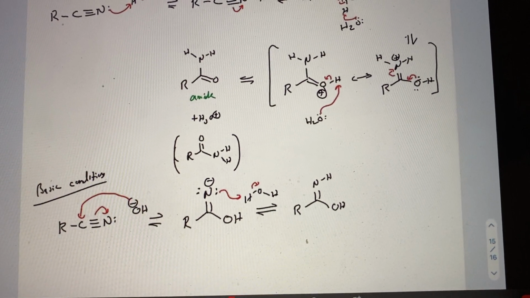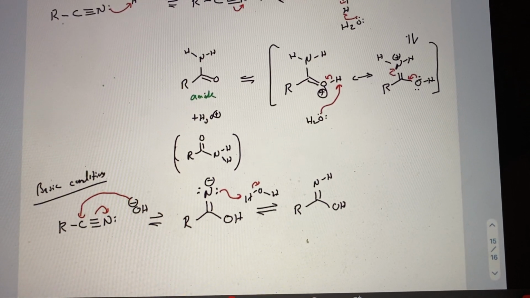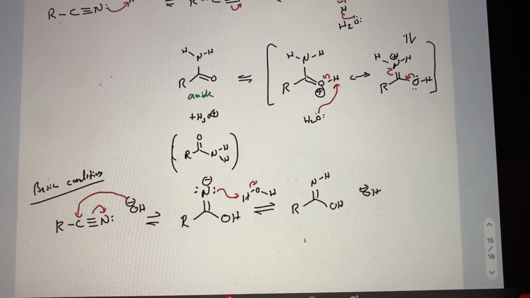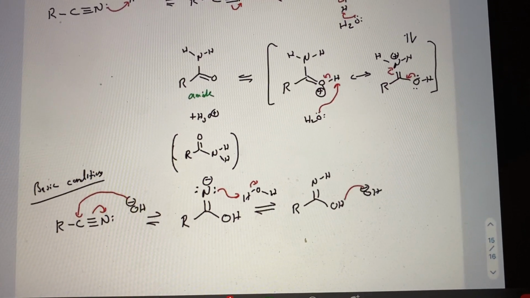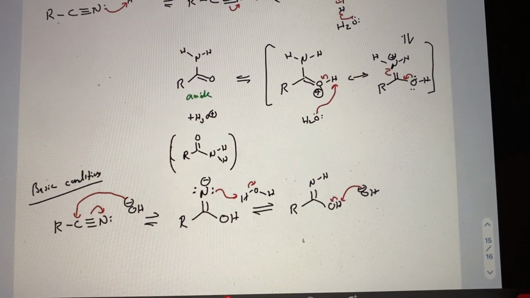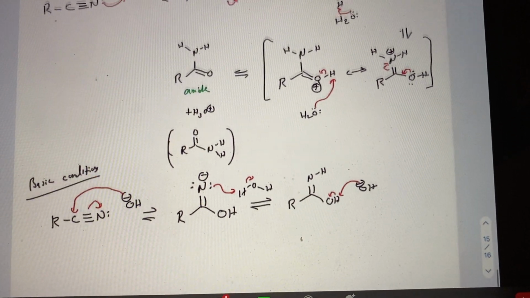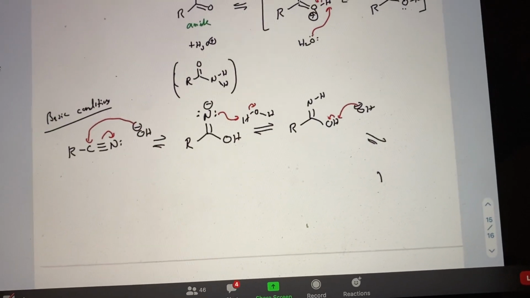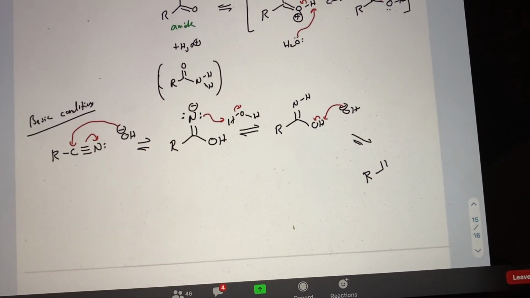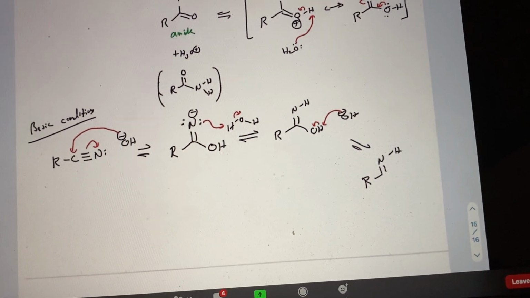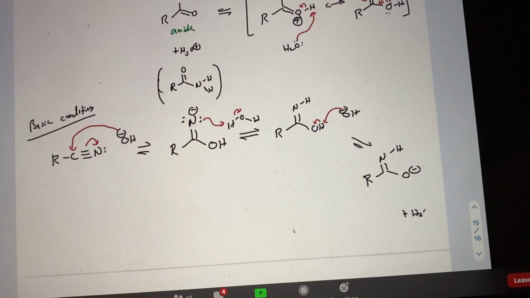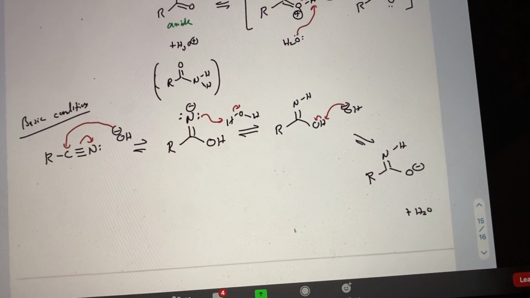And now we're under basic conditions, so we're going to readily deprotonate this group. Let me put this down a little bit. I'll go over here. So now we have an O minus plus water.